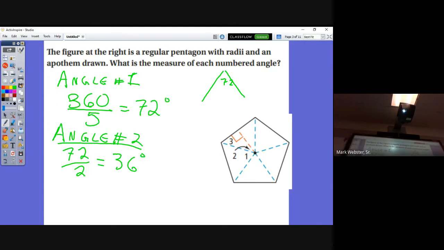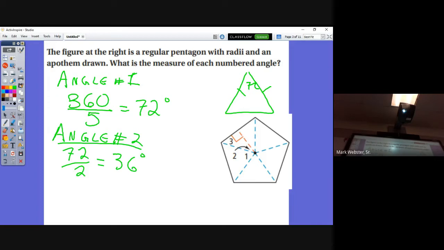All right, now, last thing we want to talk about here is angle number 3. How do we figure out angle number 3? It's that other angle, right? So, look, we got 72 up here. Each of these radii are the same, so this is an isosceles triangle, right?